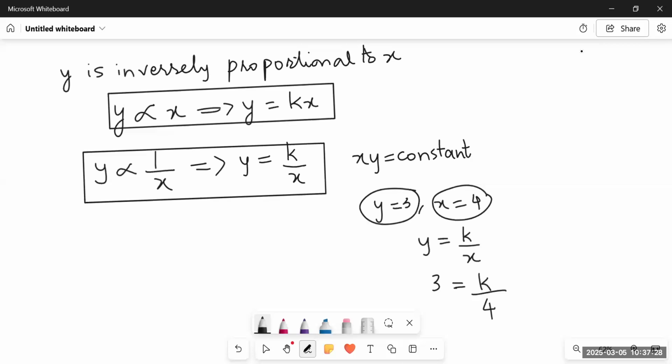So it becomes 3 equals k upon 4, where we will remove 4 from k, so it becomes k equals 4 multiplied by 3, which is 12.